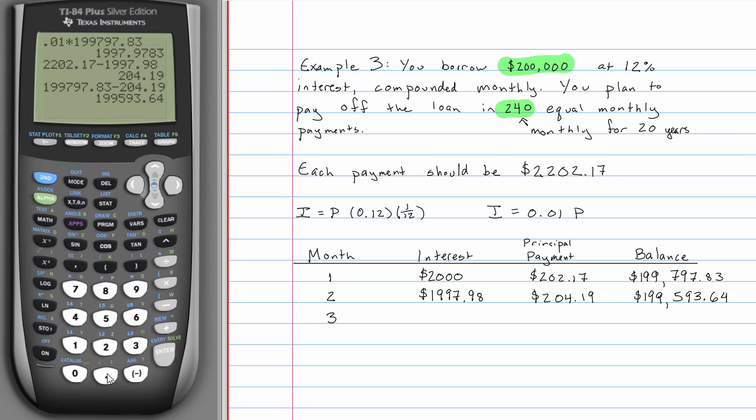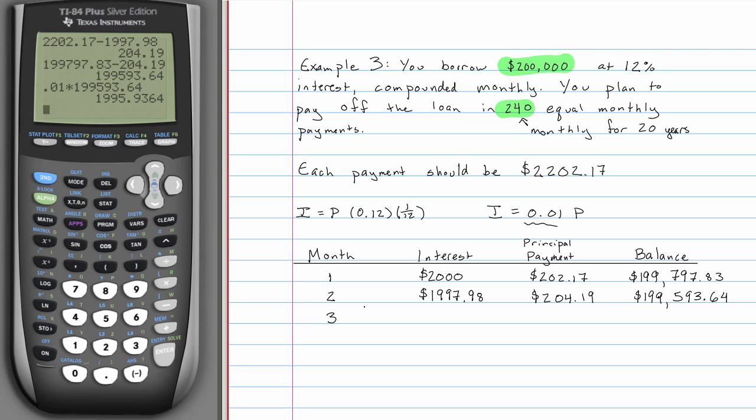Next month, the interest is, again, the same 0.01 times the balance at the end of the previous month. So it's $1,995.93. Which means, again, we paid a little bit less interest, a little bit more goes toward the principal.